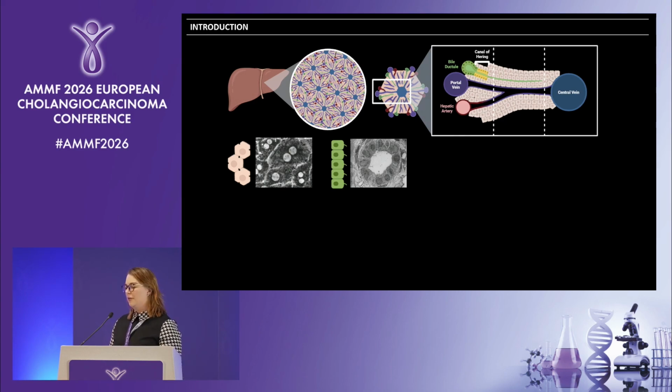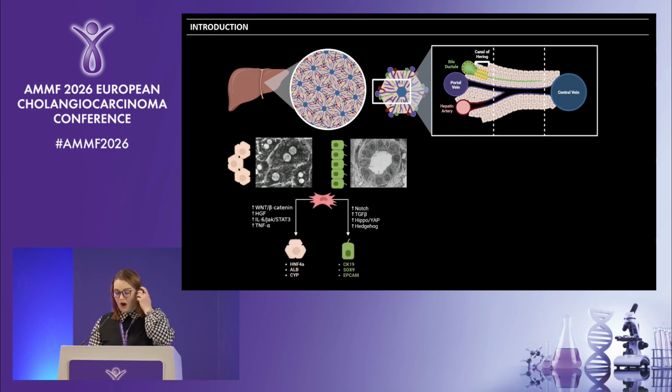So although these two types of epithelial cells are very different in their roles and morphologies, they actually originate from a shared bipotential progenitor cell with signaling activation in pathways such as Wnt and TNF-alpha driving a hepatocyte fate, whereas a signaling upregulation in pathways such as Notch and TGF-beta forcing a biliary lineage.